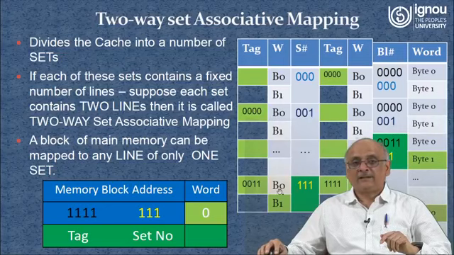And in this case there is the tag 0011, which is residing here for byte 1, and for 11 this address is also residing in the same set. You can see the set number for both these locations is the same, and since we are allowing 2 lines in the same set, both can reside. So there is no collision if we are referring to both the locations simultaneously.